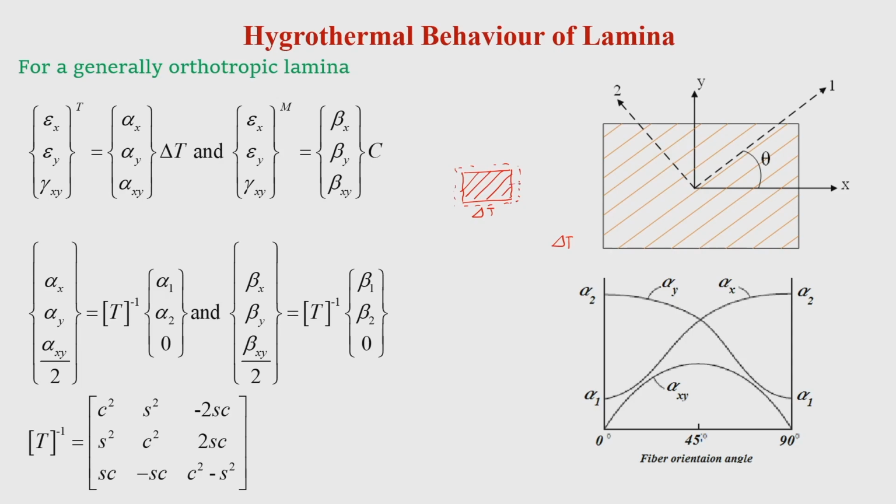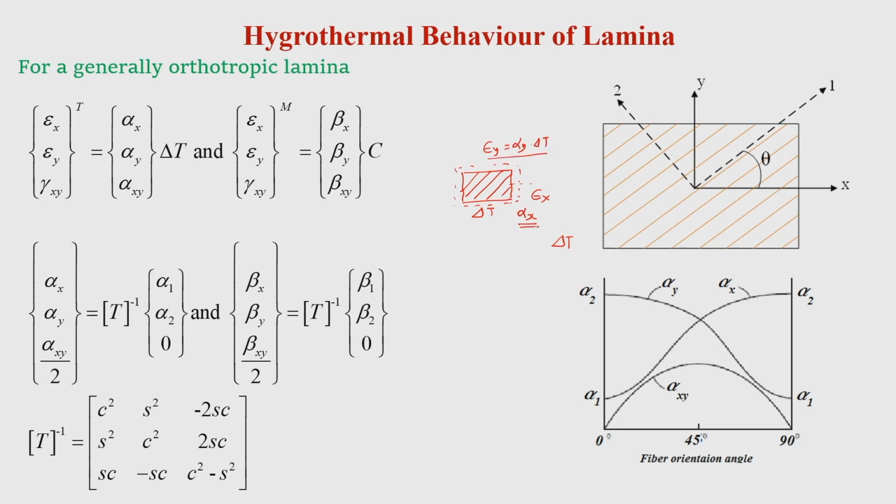Therefore, there will be corresponding epsilon x and corresponding alpha x, where epsilon x is nothing but alpha x into delta T. Similarly, there will be epsilon y, which is nothing but alpha y into delta T.